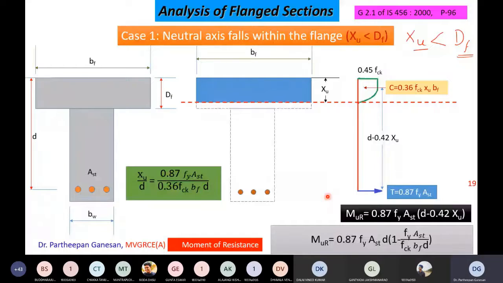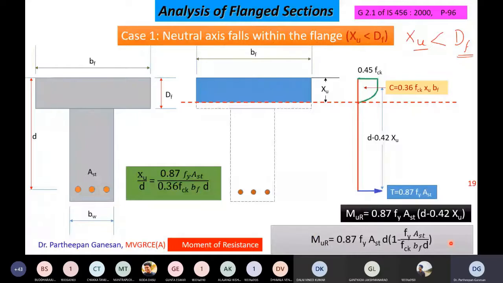Remember, for the first case, neutral axis falls within the flange. While solving the problem they will not give you the case, you have to find out the case. So for the neutral axis within the flange, that is the horizontal portion, the equations are: XU by D is equal to this one, and the moment of resistance is 0.87 Fy AST D into 1 minus Fy AST divided by FCK BF D.